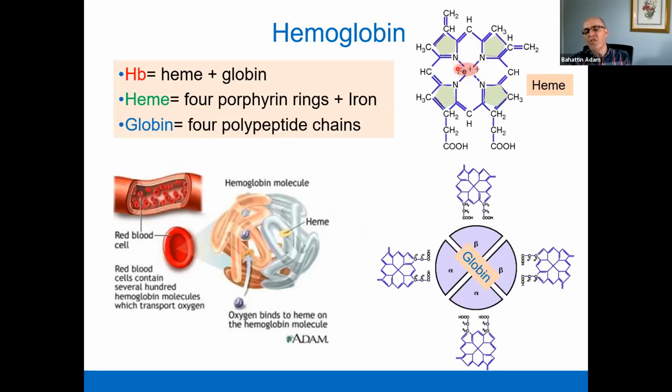They attach to each other via the iron atom. Iron is really important. That means if you don't take enough iron, the production of the hemoglobin will decrease, which results in anemia. Therefore, you should have enough iron in your diet.